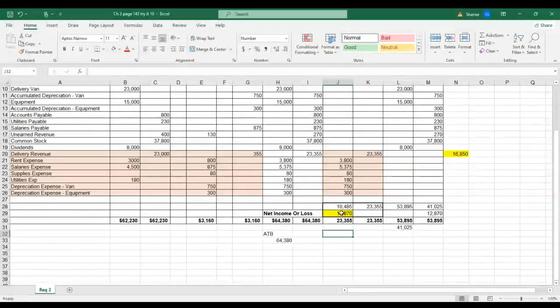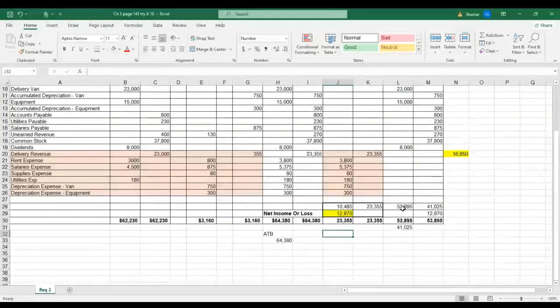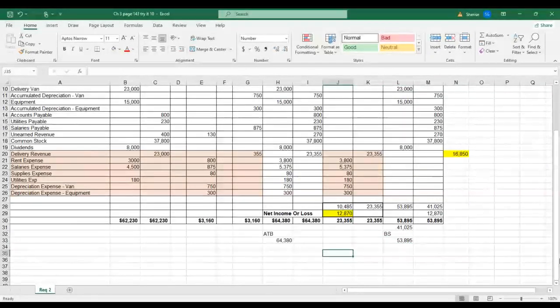and let's say this part was a bit confusing, but I'm pretty sure I got my balance sheet right. So I'm going to say, okay, with my balance sheet, I know that the amount is 53,895. We're very confident on that, but we are not sure what our income statement is because this isn't balancing. We're like, what in the world? There's something going on here, which we ran into earlier because we didn't have this brought down.